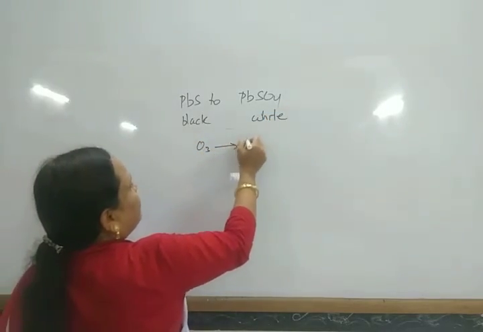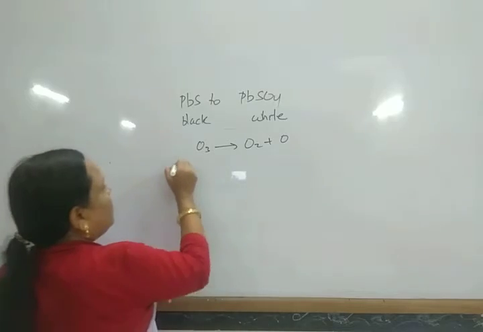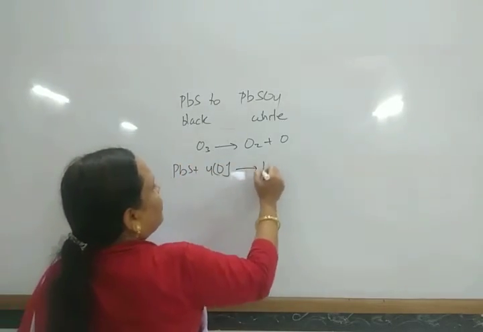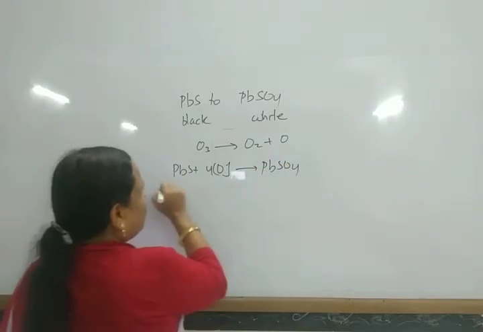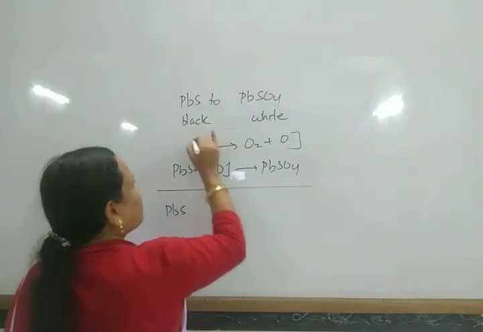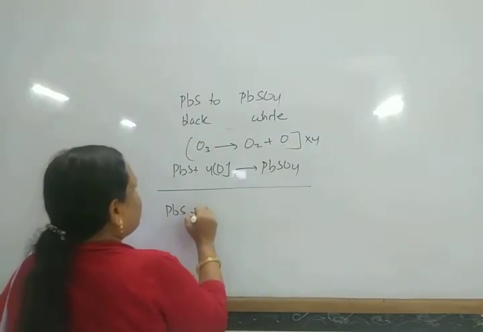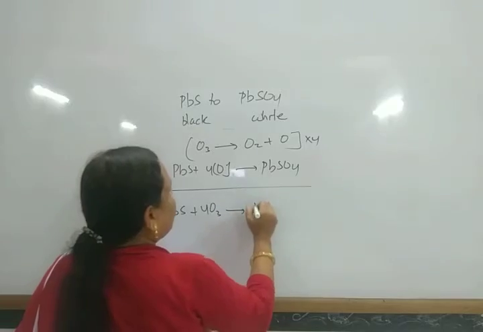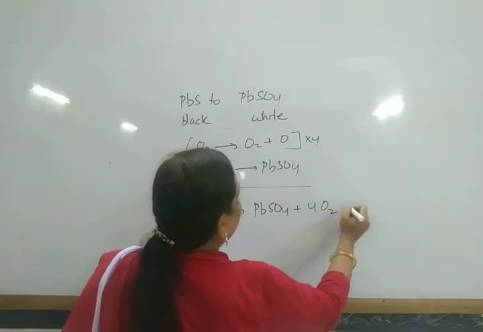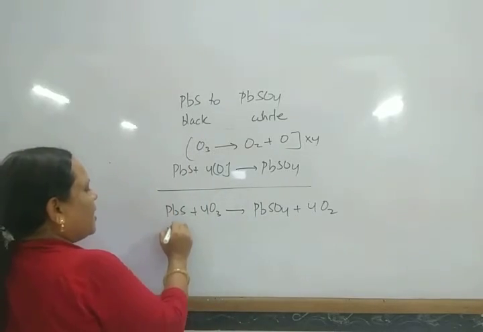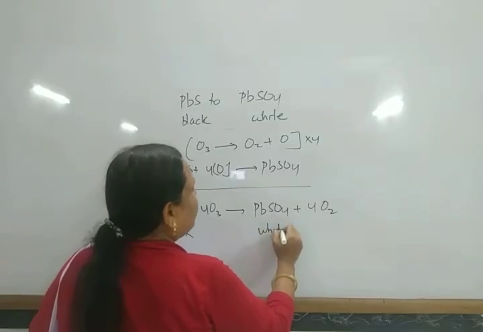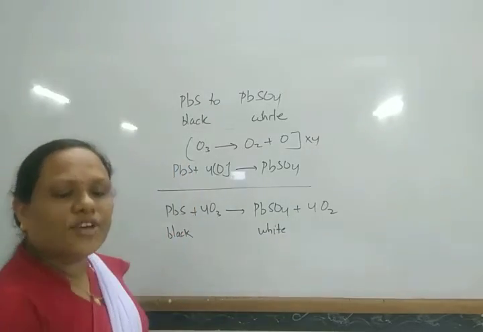So O3 gives rise to O2 plus O, and PbS plus 4O gives rise to PbSO4. In this way, PbS plus 4O3 gives rise to PbSO4 plus 4O2. So the black color of lead sulfide is converted to white lead sulfate.